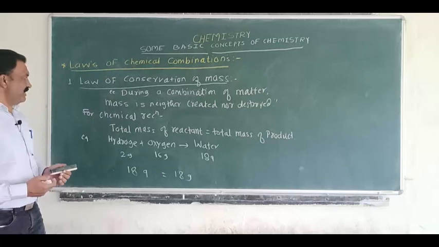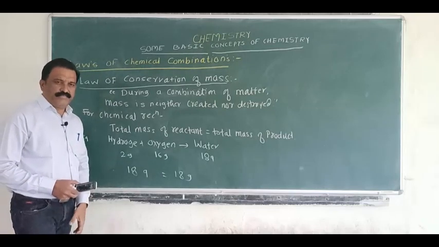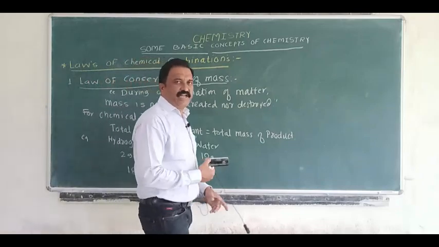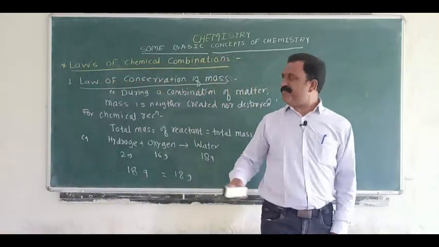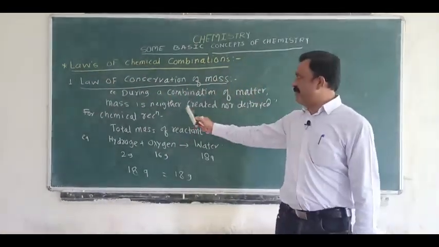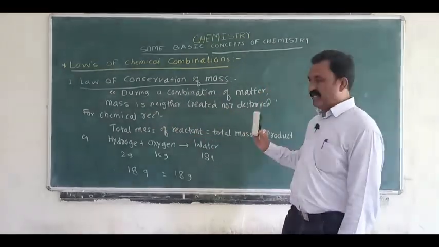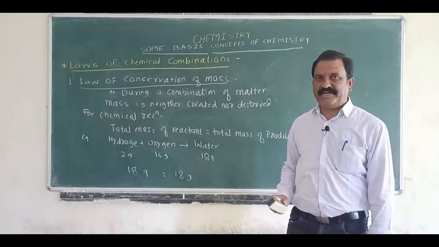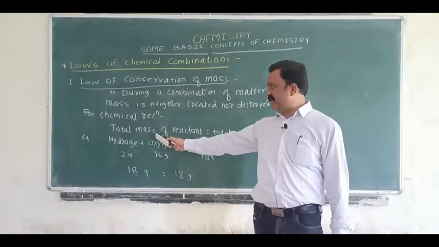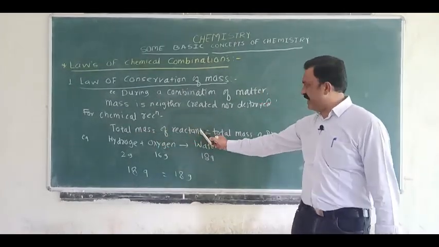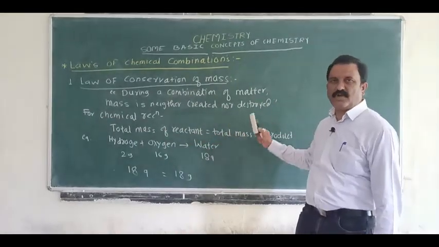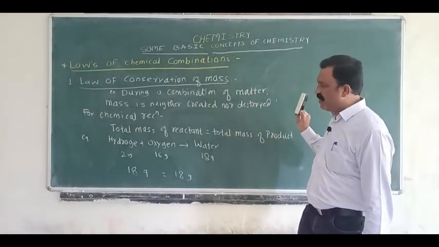What this statement means is that during a chemical combination or combination of matter, mass is neither created nor destroyed. Mathematically, the total mass of reactants is always equal to the total mass of products.